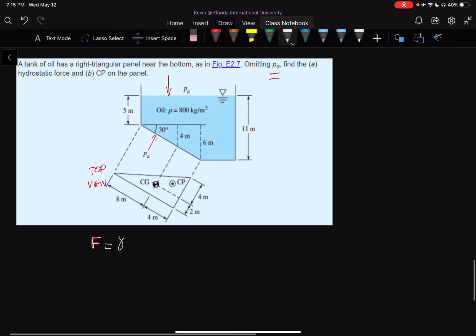It is going to be equal to gamma times HCG times A. And we can convert that actually to rho times g times HCG, whichever we want to use, multiplied by A. Okay, so the first thing we have to figure out is the height of the CG. So we need to find the depth of the centroid. Okay, so HCG is the depth of the centroid.